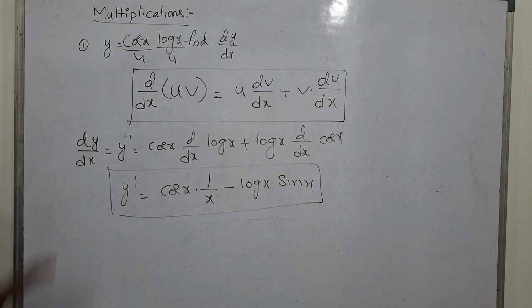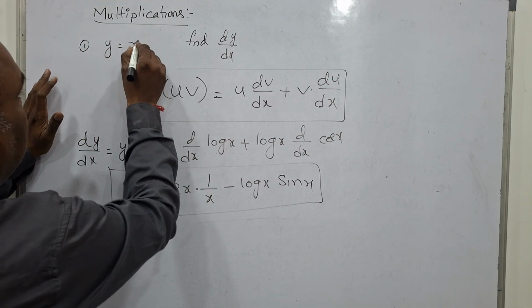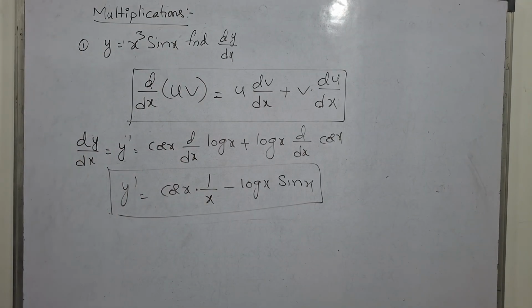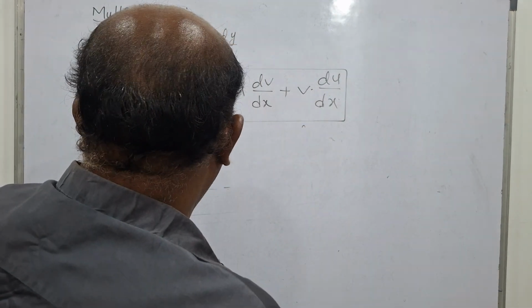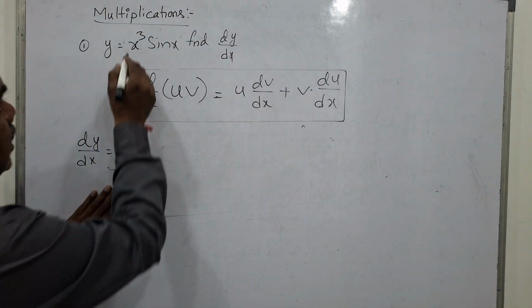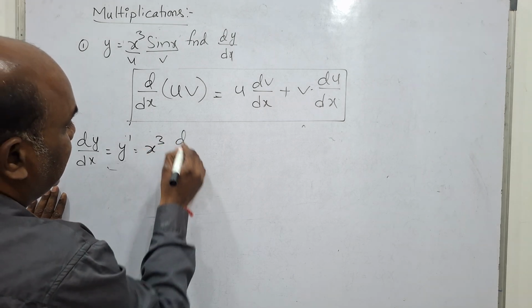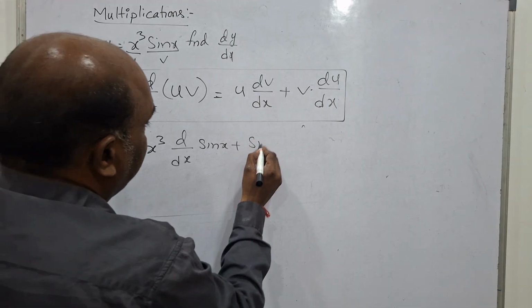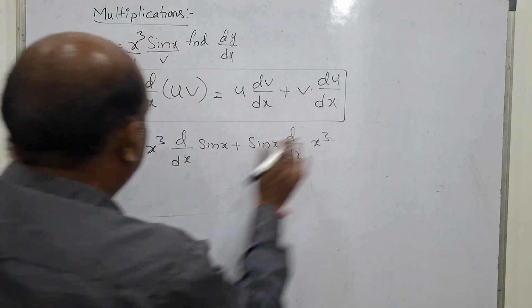Now, next question. y is equal to x cube into sin x. Do this, beta. Same formula. This is u, this is v. u into d by dx of v, sin x, plus second function sin x into d by dx of x cube.